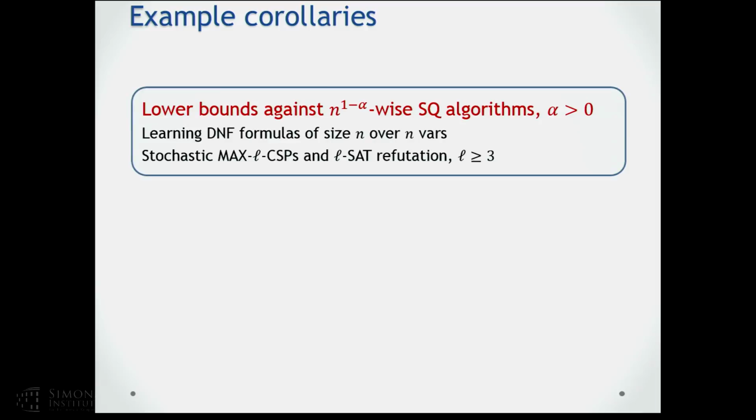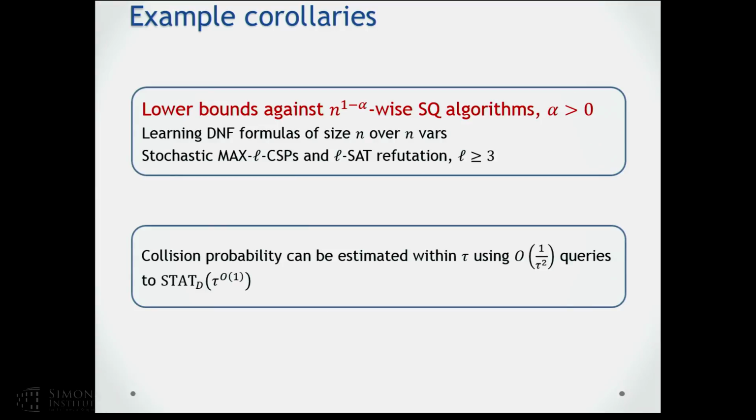Okay. So one corollary we can get is that we can now get lower bounds against these k-wise algorithms for much larger k. For example, for the famous problems of learning DNFs and stochastic constraint satisfaction problems.